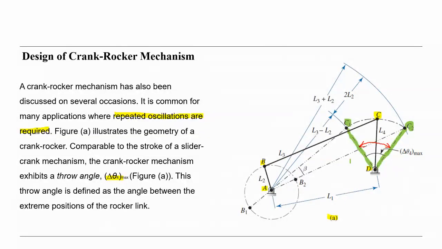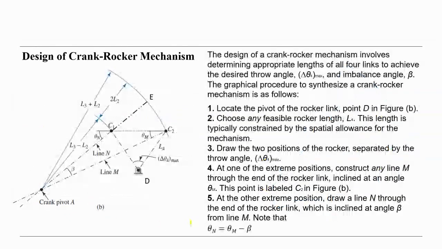So in between, the rocker is oscillating. This throw angle is defined as the angle between the extreme positions of the rocker link.